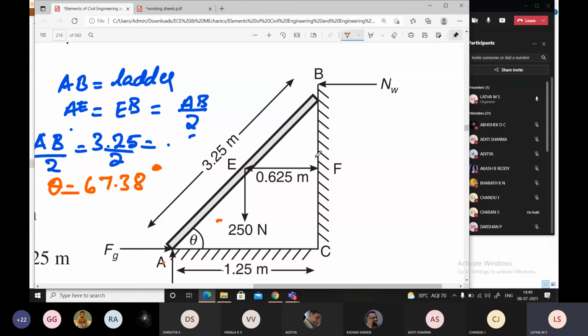Now, where is point B? Point B is here. Okay, students, how many forces are there? Tell me how many forces are there, students? Fg is a force. Ng is a force. Then Nw is a force. Then 250 is a force. Yes or no?